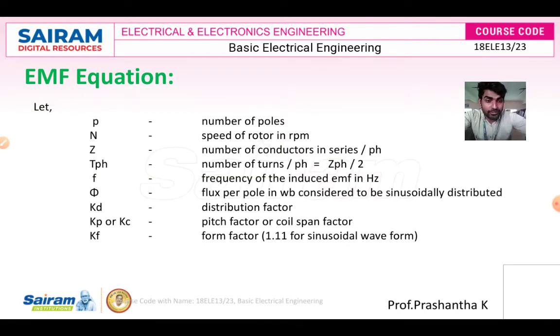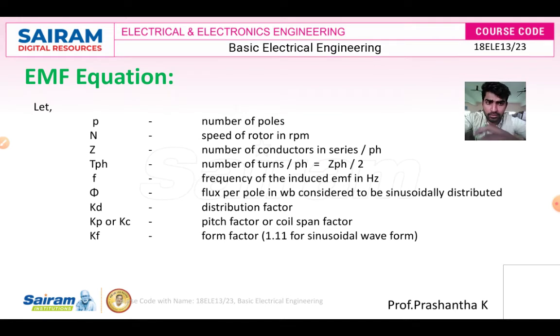P is the number of poles in the rotor. Okay, see, in the alternator construction, the number of poles is in the rotor, not in the stator. In the DC generator, the poles are in the stator, right? And N is the speed of the rotor in RPM. How exactly will it rotate? That rotor is coupled with the turbine.